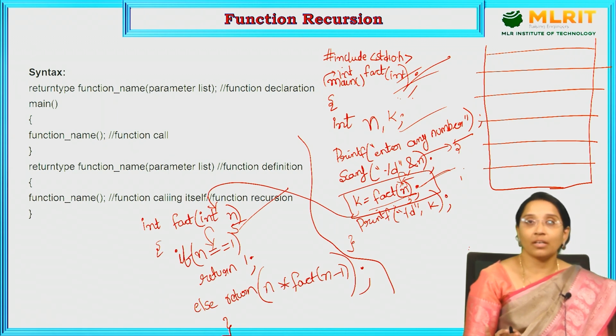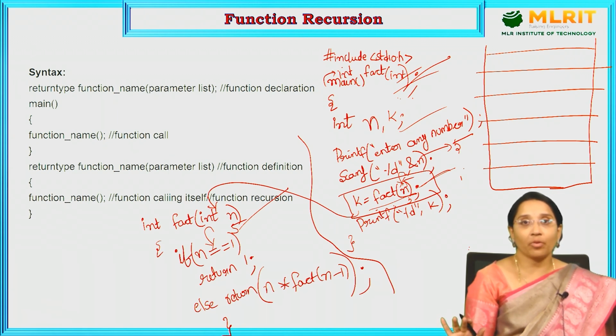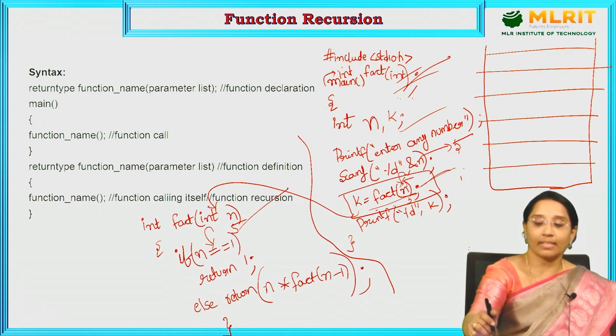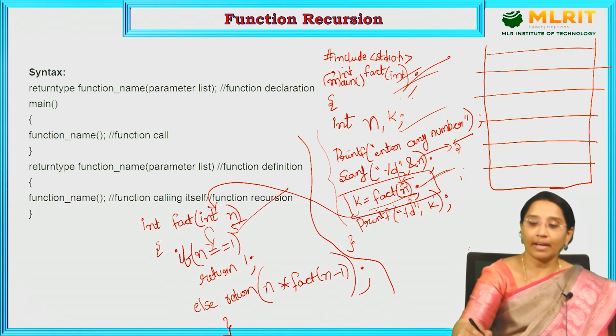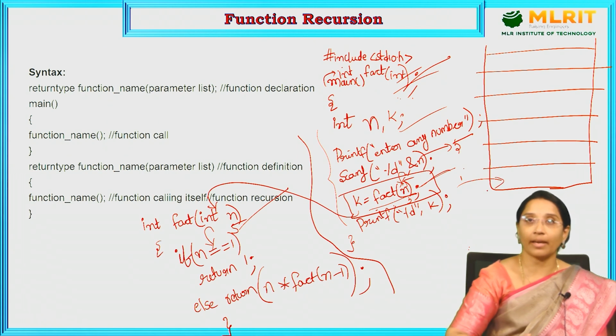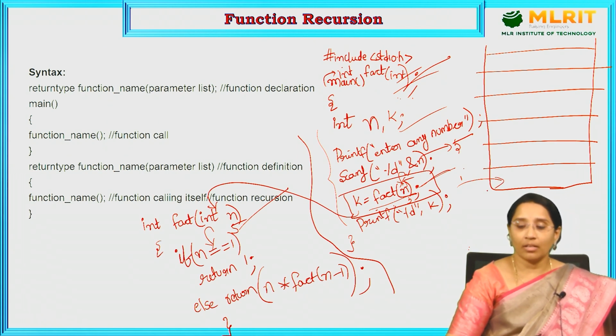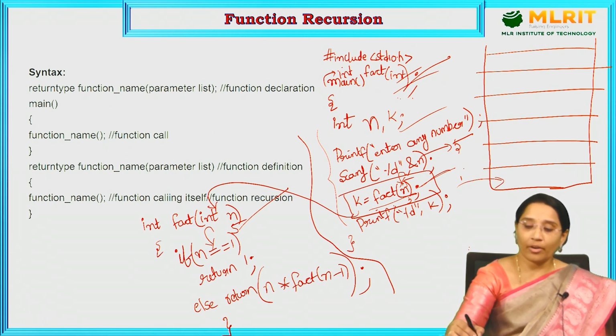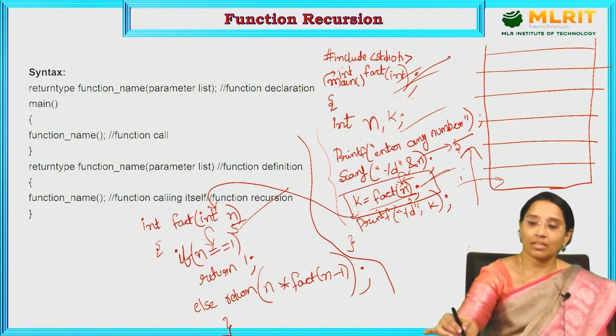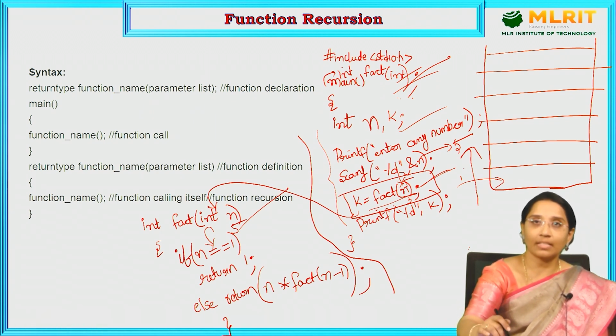First, actual execution of your program starts from the main section. All the contents in the main section, whatever we have written in these lines, will be loaded in the stack first. Stack grows in this direction, so the main section contents will be loaded in the stack first.